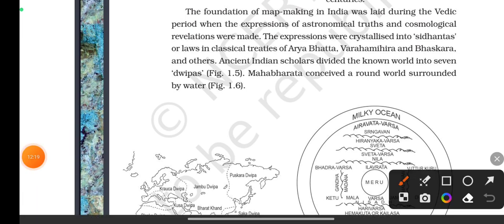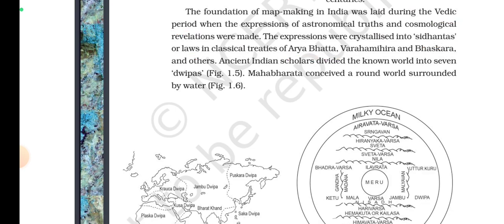The foundation of map making in India was laid during the Vedic period, when expressions of astronomical truths and cosmological revelations were made. The expressions were crystallized into siddhantas or laws in classical treatises of Aryabhatta, Barahmihir, Bhaskara and others.